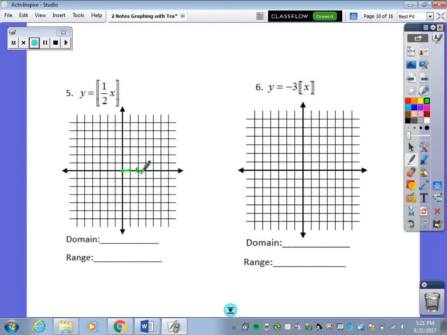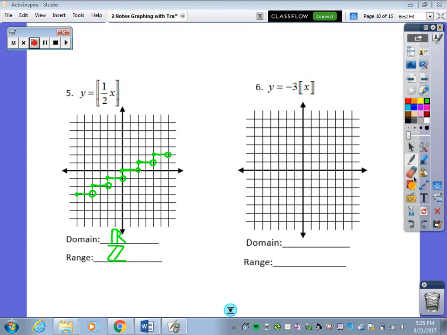So now, since we have 1/2 here, that just means that our lines get extended to 2 boxes instead of 1. And we follow on with the rest of our graph. So our domain is all real numbers, and our range is just as before, only integers.